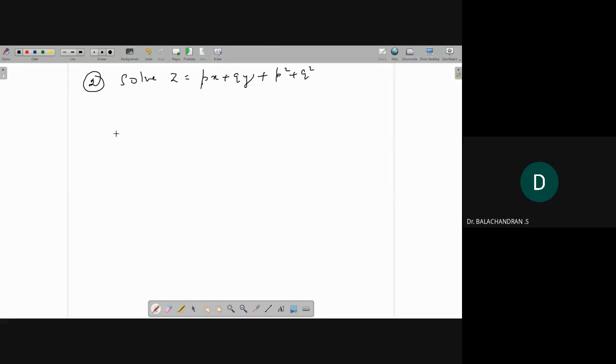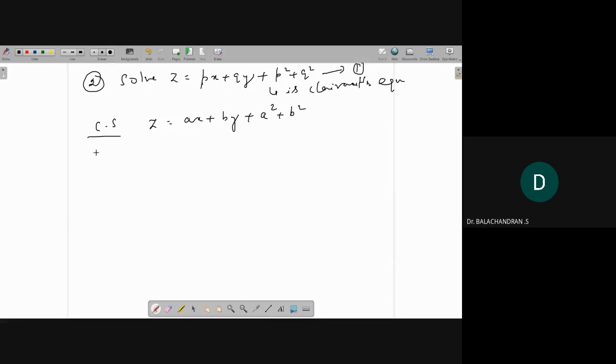We call this equation 1. So equation 1 is Clairaut's equation. The complete solution is z equal to ax plus by plus a square plus b square.